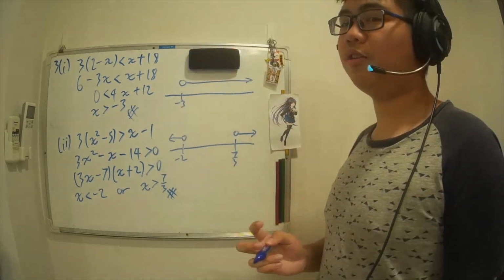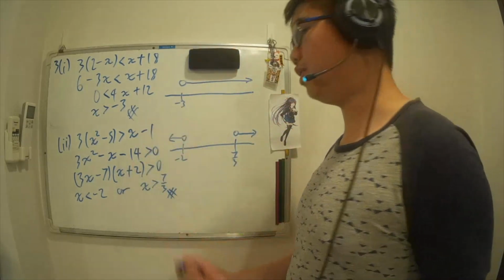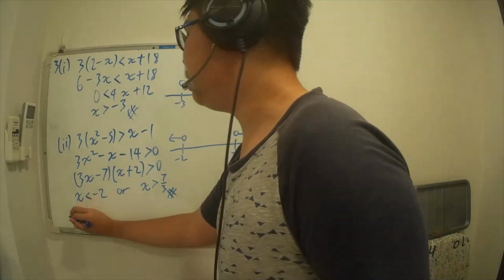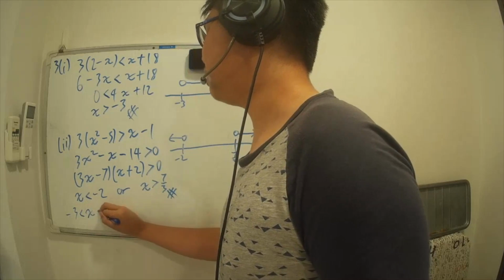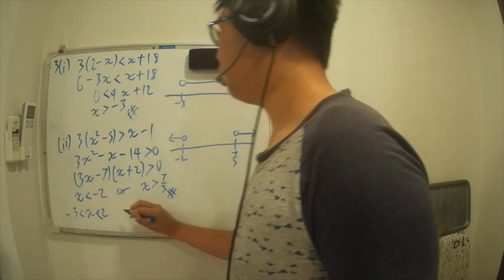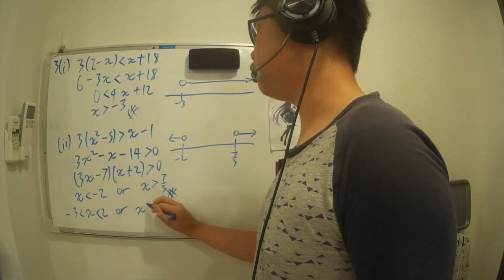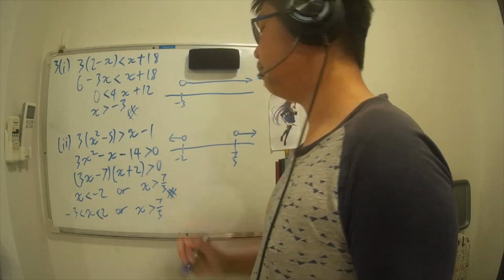State the set of values which satisfy both inequalities. So that's quite easy. That's just minus 3 is less than x is less than 2, or x is greater than 7 over 3, isn't it?